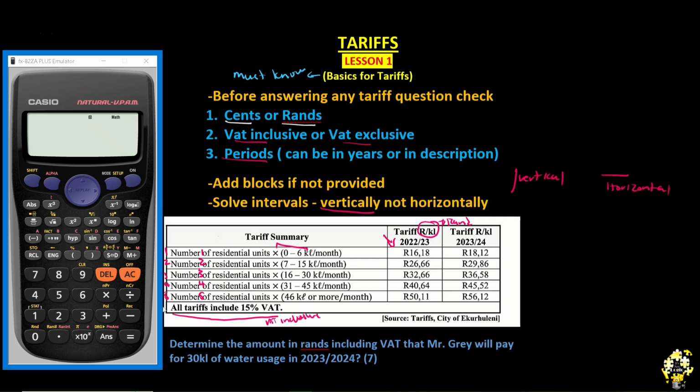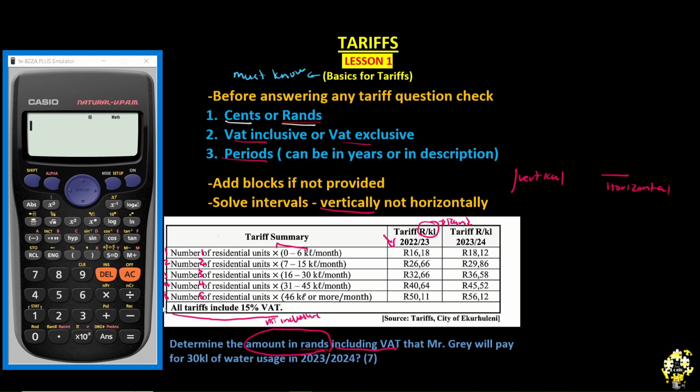Now, let's use this question here and see exactly if we can apply all what we have learned to try and solve this question. So determine the amount in rands. This is important. The amount that we are determining has to be in rands, including VAT. It also has to include VAT.